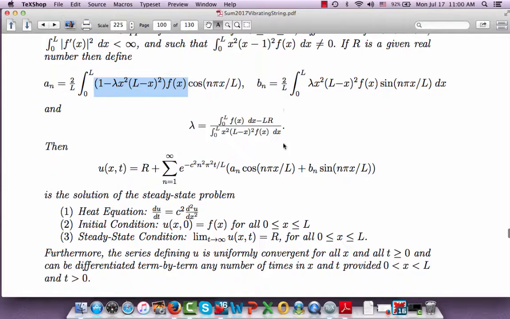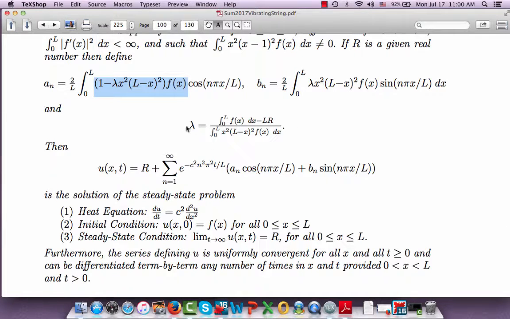So lambda ended up being this formula here. It's just the integral of f minus L times r, all divided by the integral of this thing, which is basically fs of x, but the lambda has been canceled out algebraically.